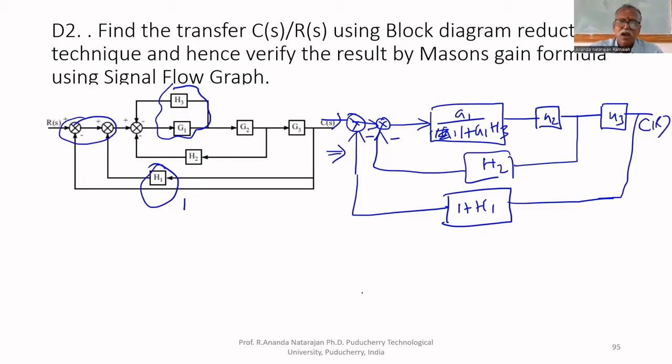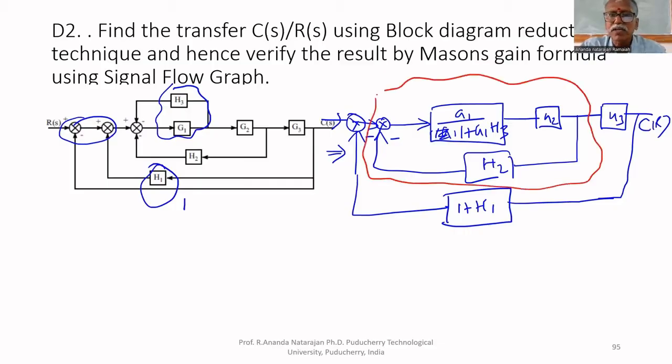C of S. Now, the G2 can be combined with this, and this part can be reduced. G2 can be multiplied with that and it can be reduced. Therefore, G1, G2 upon 1 plus G1, H3.